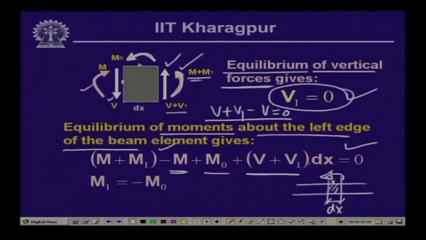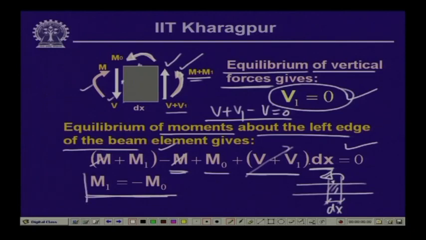If we neglect the terms multiplied with the small quantity dx, then M gets cancelled, and we are left with M1 equals minus M0.